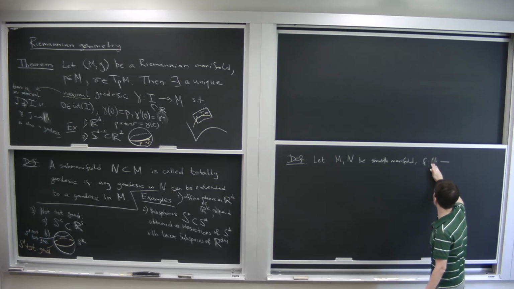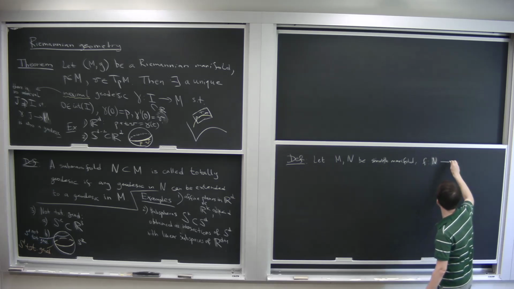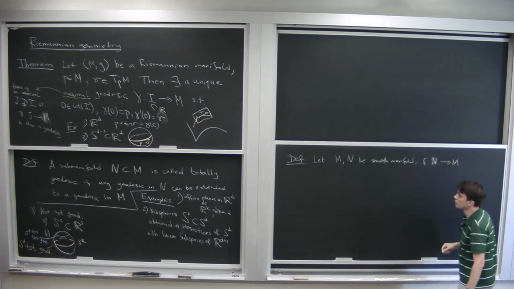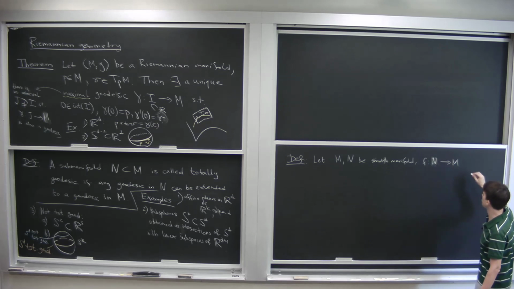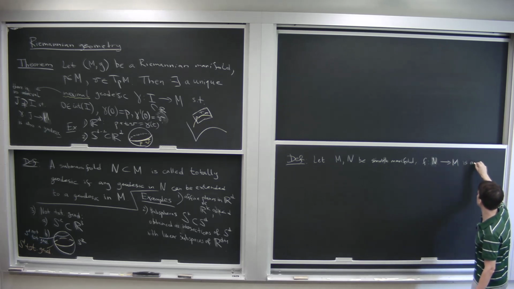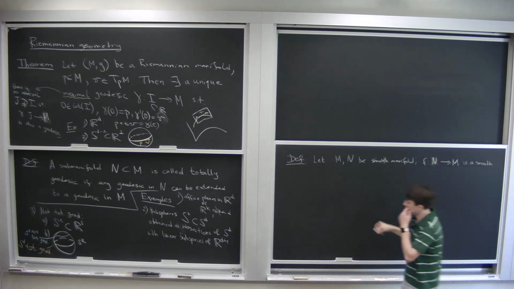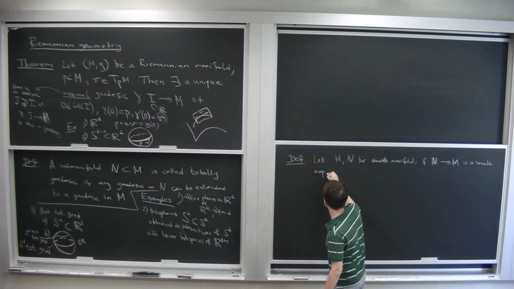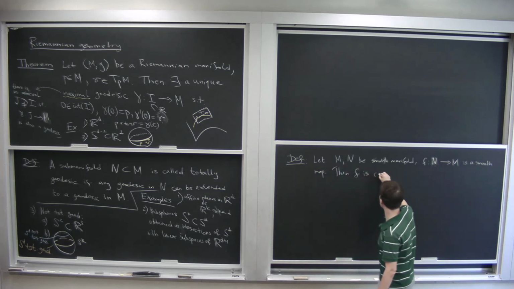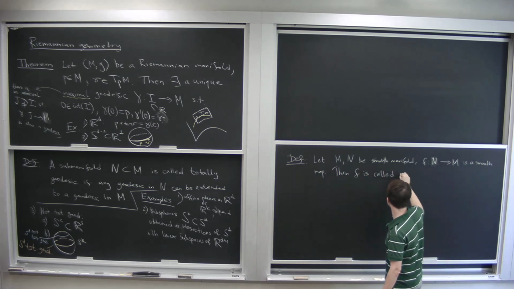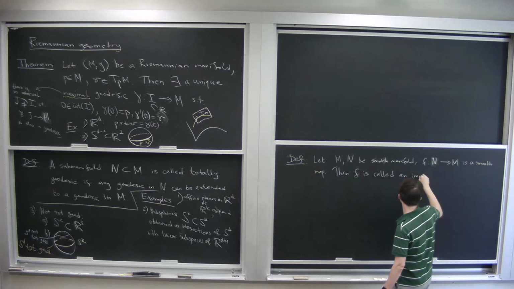F, I prefer to take F from N to M, is a smooth map. Then F is called an immersion.